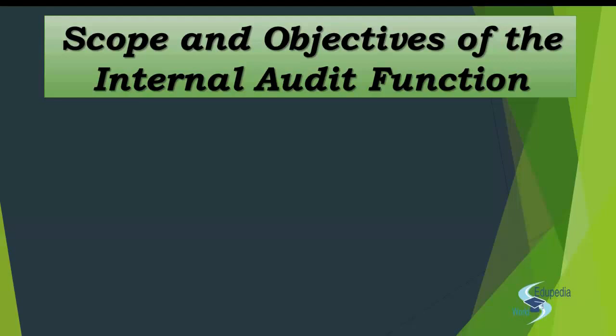That means it gives you the parameters, it gives you the considerations that you need to follow when you are using the work of an internal auditor. And who are you? You are the statutory auditor, an external auditor to the company, right? But over here on the slide, we are talking about the scope and objective of the internal audit function. So this is a separate thing that we are talking about. Since the Act defined the internal audit function, we are talking about their scope and objective.